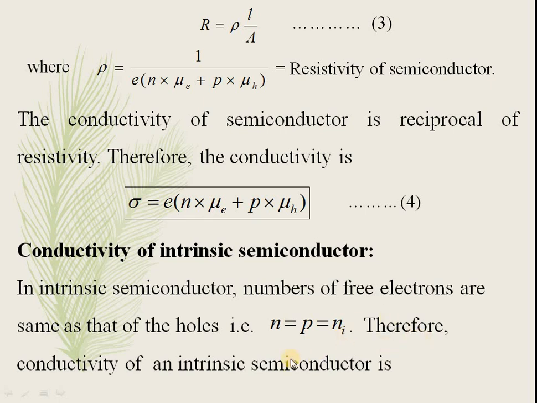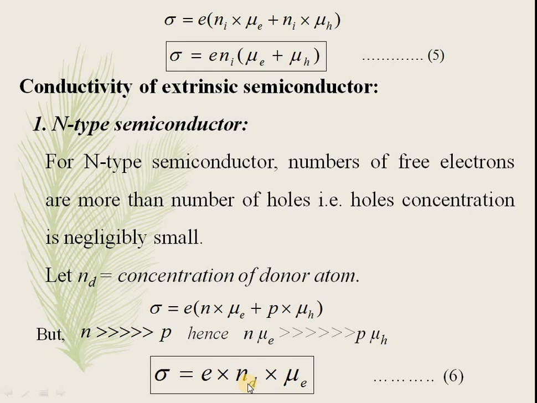Therefore the conductivity of an intrinsic semiconductor is sigma is equal to e into bracket ni into mu e plus ni into mu h. Taking ni common, sigma is equal to e ni into bracket mu e plus mu h. We call this equation number 5. This equation 5 gives the electrical conductivity for the intrinsic semiconductor.